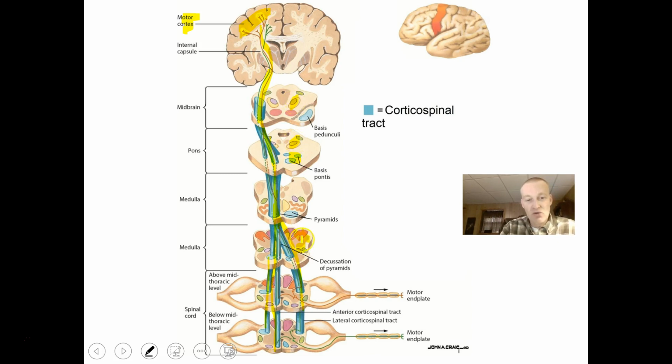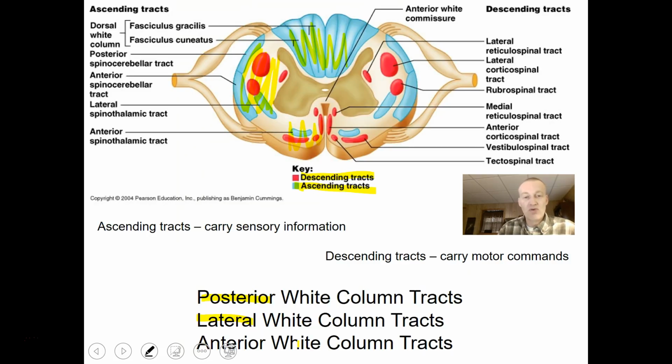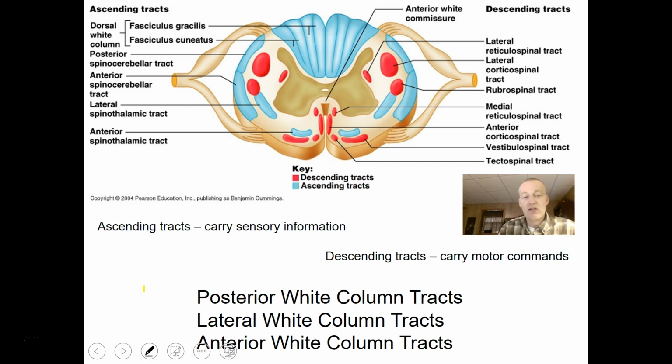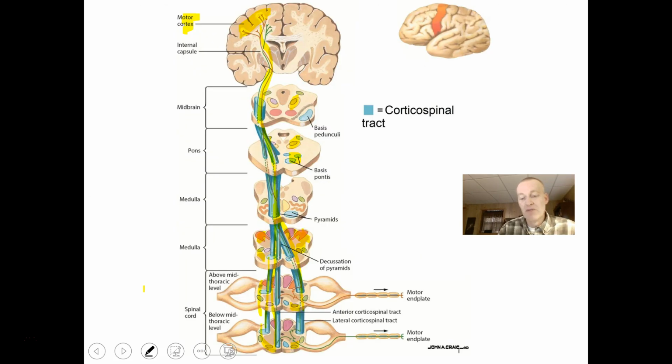Where you see all these different areas, these are different tracts. I'm not going to show you a lot of those tracts because I have to limit what you're learning for this class since it's just an introduction. But I want you to appreciate that the posterior, lateral, and anterior white columns have tracts that go through them carrying specific information to specific areas of the brain, and every specific part of the brain that communicates information to the body has a different tract that it goes through.